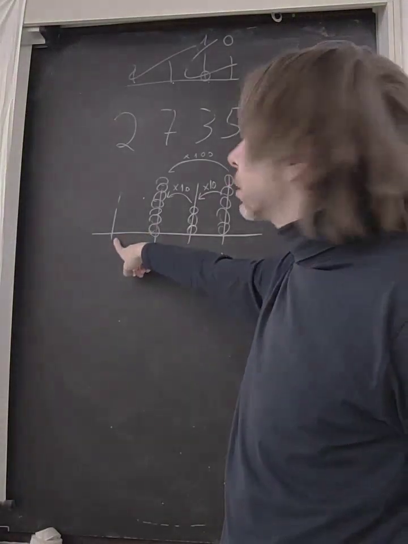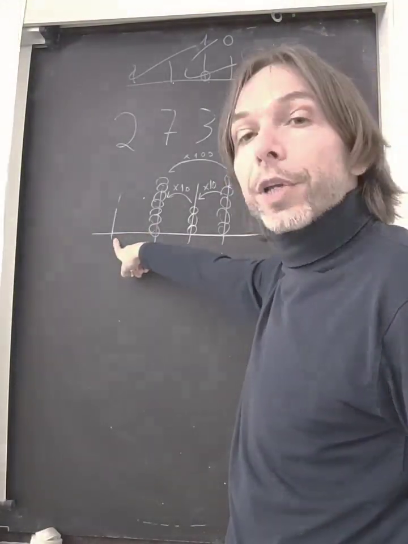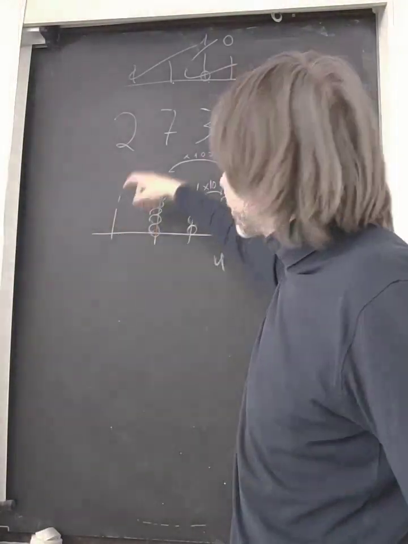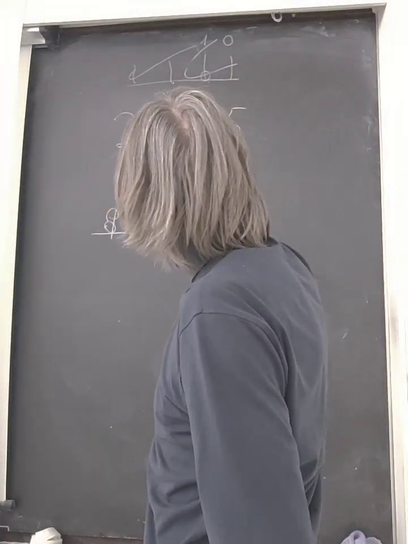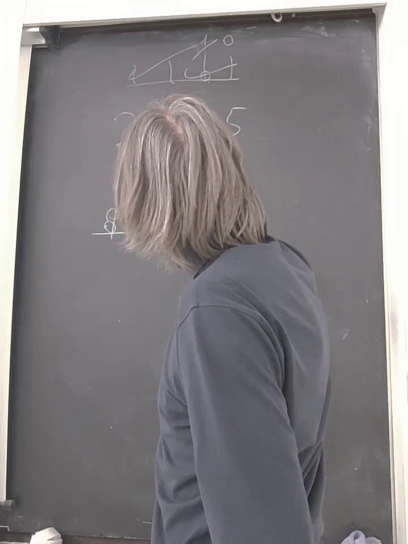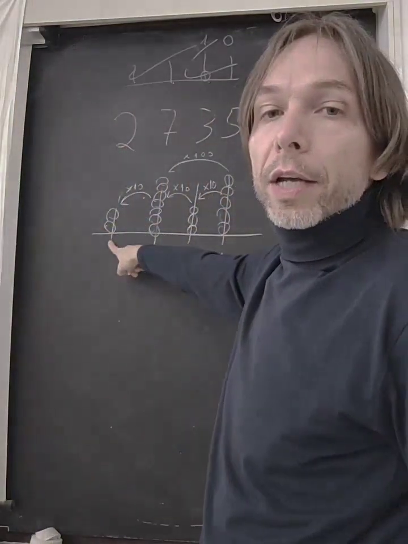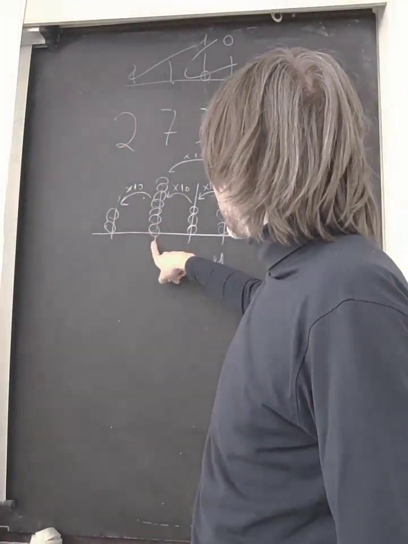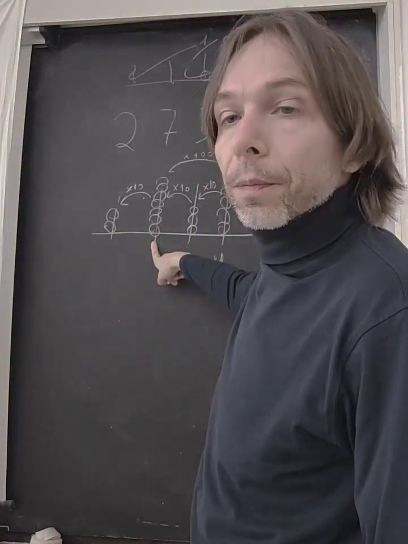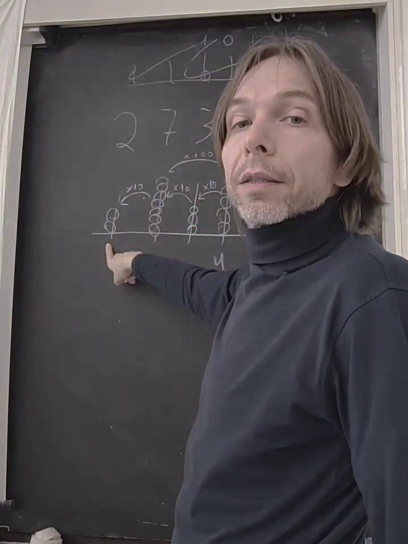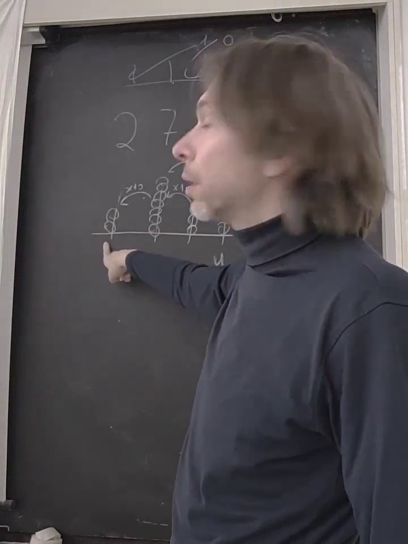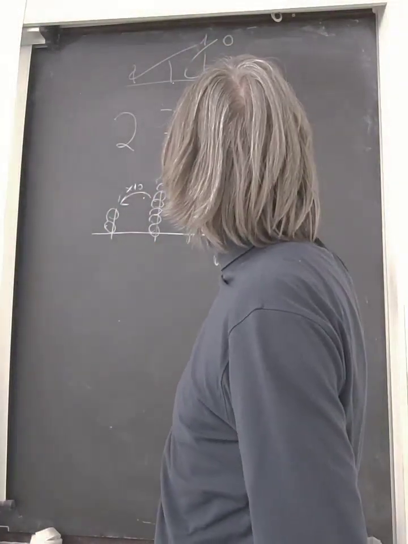But here, the situation increases. I have just 2 balls, but each ball here is 10 times a value of 100. They are thousands. Each ball here is thousands.